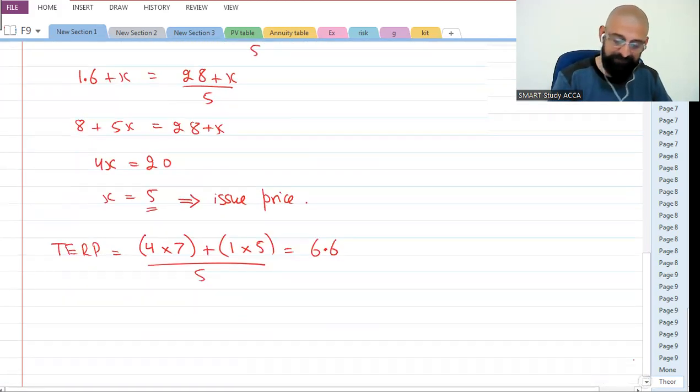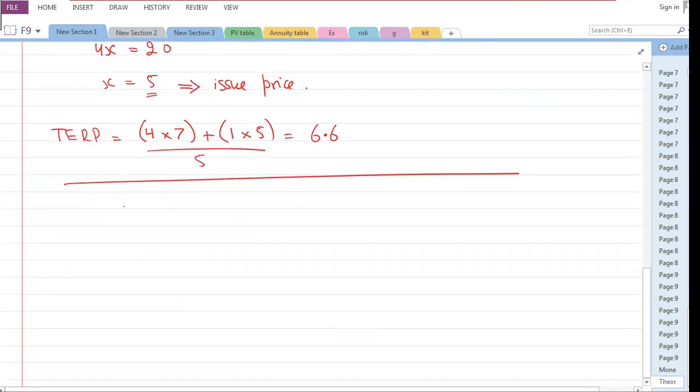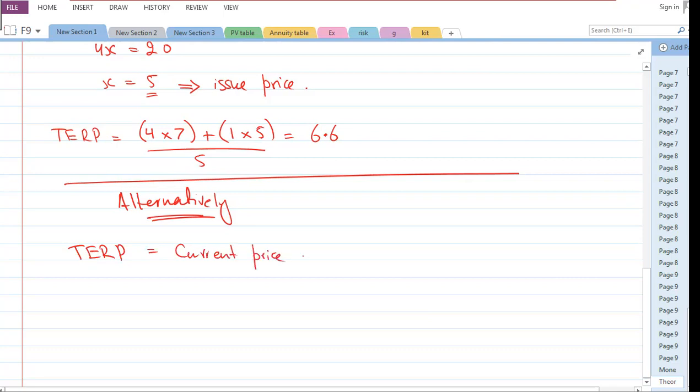Okay, so let's do it together. I'll call it the alternative. Theoretical ex-right price is equal to the current price, and from the current price, you deduct the value of the right per existing share.